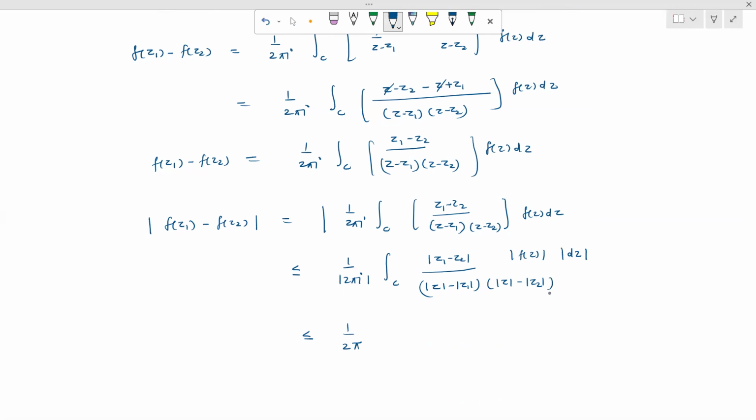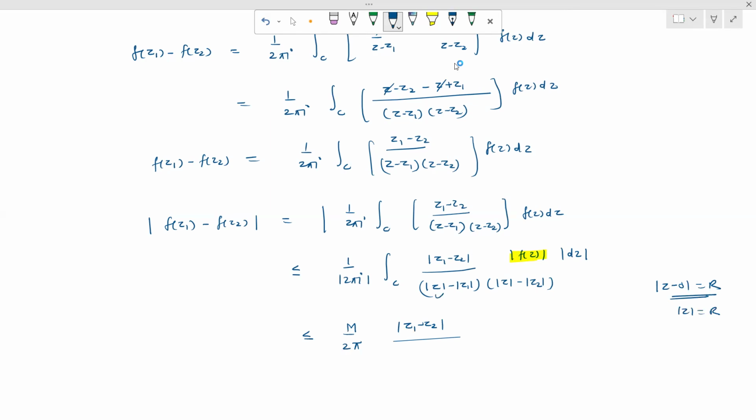Given that modulus of f(z) is less than M, this can be written as M, and we take the modulus of z1 minus z2 upon the value of mod of z. We took the circle mod of z minus 0 is equal to r, radius r, so mod of z equals r.